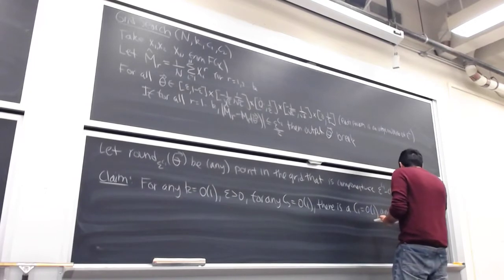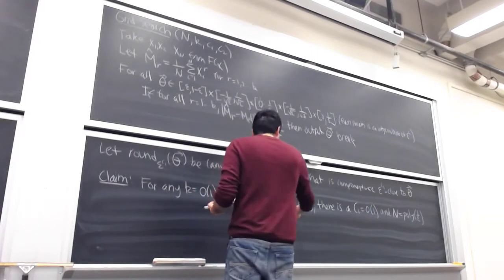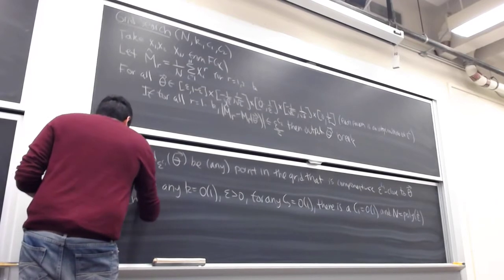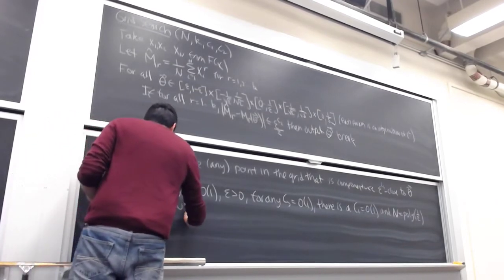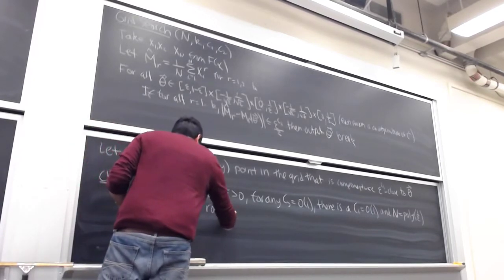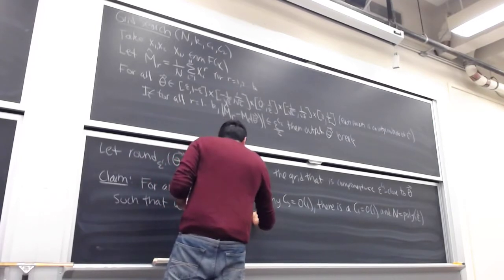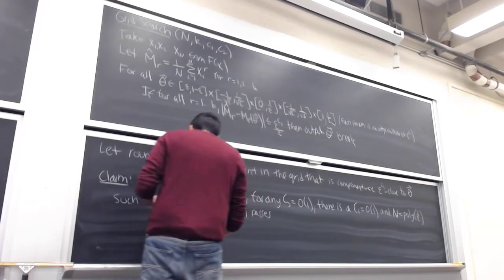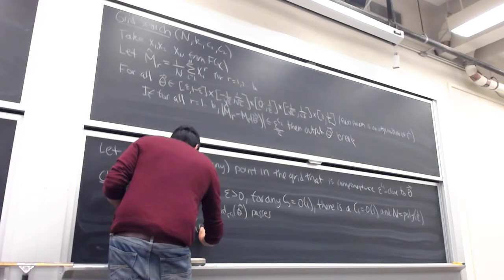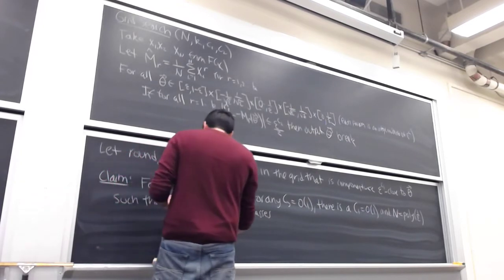So we'll take n to be some fixed poly in 1/epsilon, where this fixed poly depends on k, depends on C1, depends on C2, and so on, so that with high probability, the natural rounding passes the test. This is the easy part.